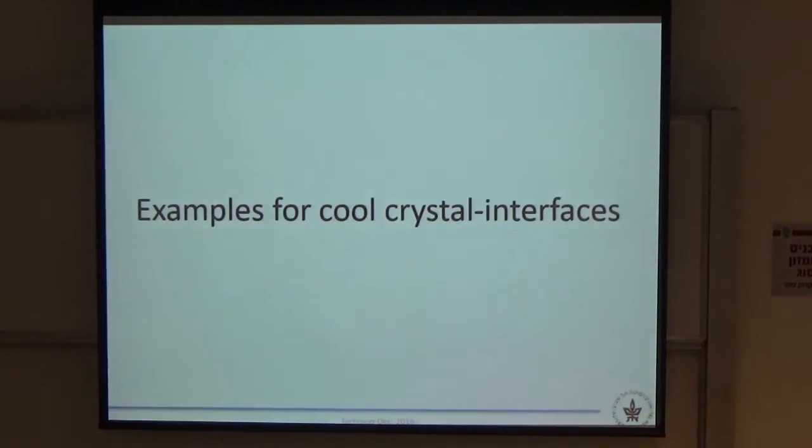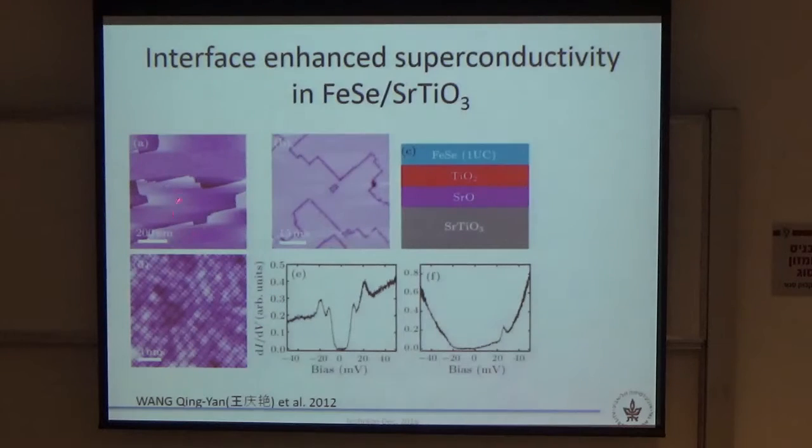So, examples of a few cool crystal interactions, which we have not made, but just to mention. For example, this is a single monolayer of iron selenide grown on strontium titanate. You can see this monolayer in this STM image.